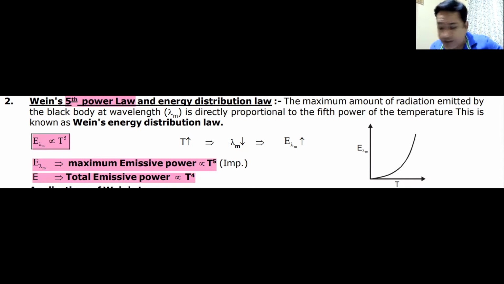I'll give you a minute to again note it down and the graph also. The graph is drawn between E lambda maximum and T, not between E lambda and T. This graph looks like this.